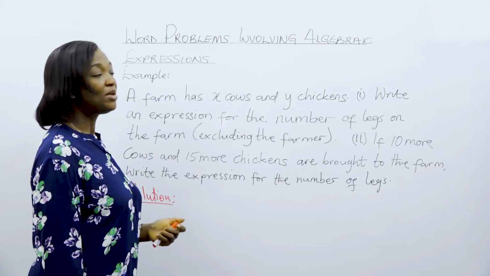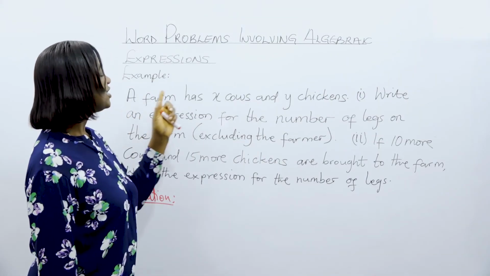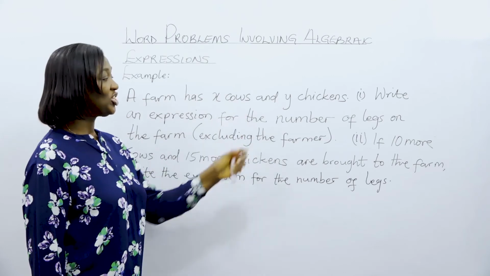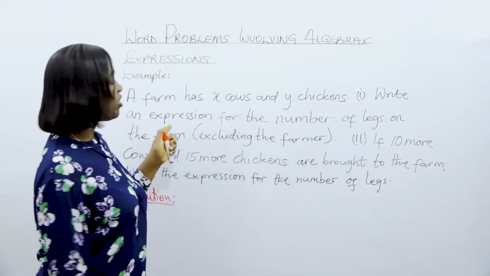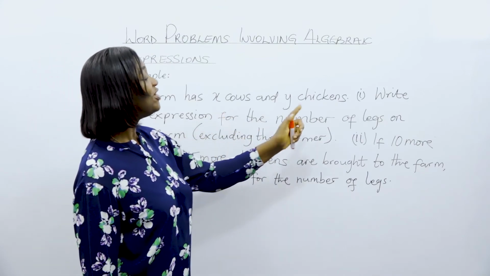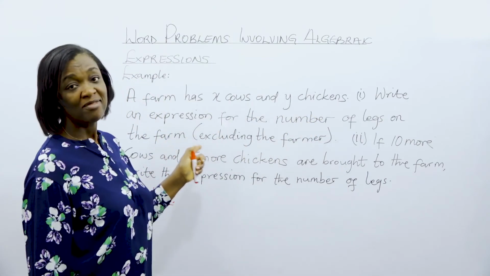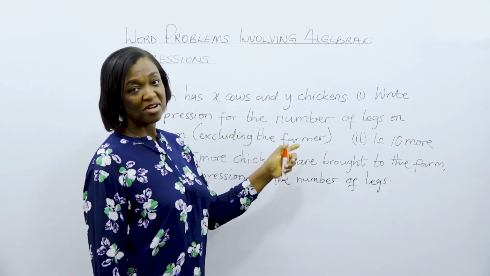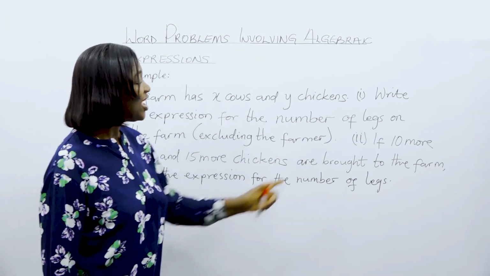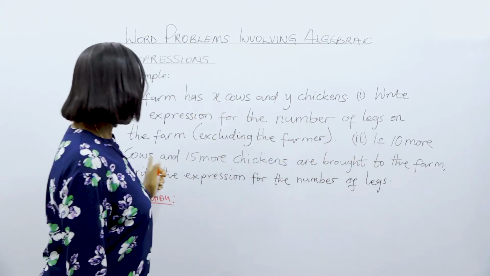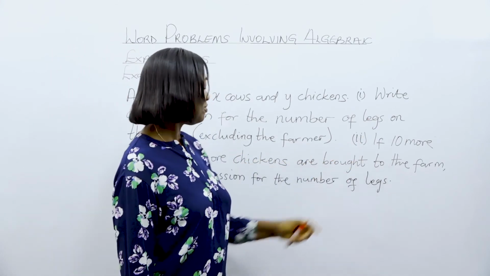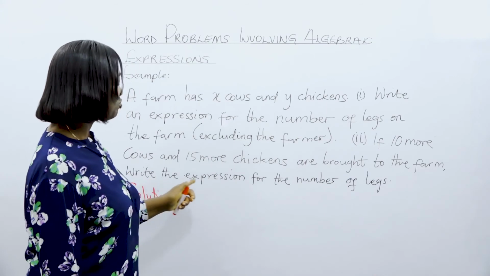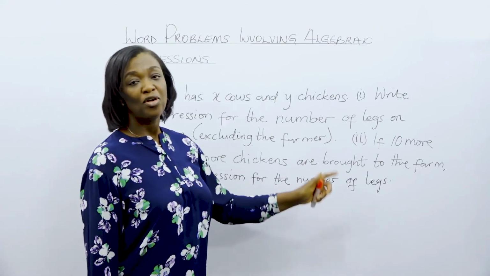Let's look at this example. A farm has X cows and Y chickens. First, write an expression for the number of legs on the farm, excluding the farmer. And secondly, if 10 more cows and 15 more chickens are brought to the farm, write the expression for the number of legs.